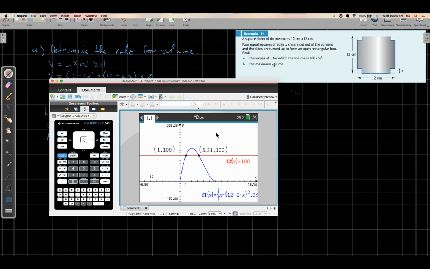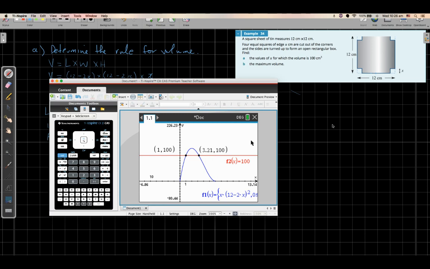So the values of x for which the volume is 100 would be 1 centimetre. If I cut a square 1 centimetre by 1 centimetre out of here, and out of here, and folded it all up, then I would have a volume of 100 cubic centimetres.